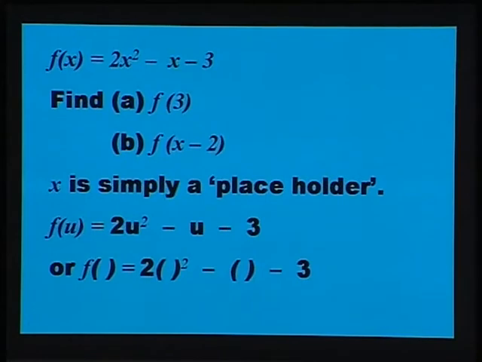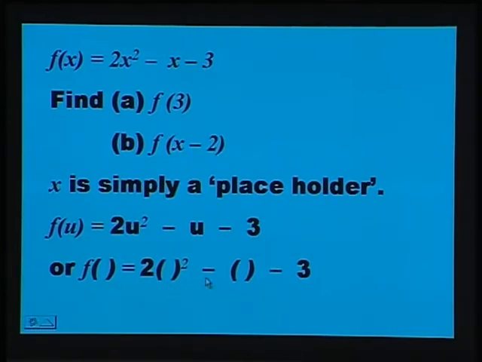For example, instead of writing f(x) equal to 2x squared minus x minus 3, the same function can be written with u: f(u) equal to 2u squared minus u minus 3. Or simply f of the parenthesis equal to 2 times the parenthesis squared minus the parenthesis minus 3.